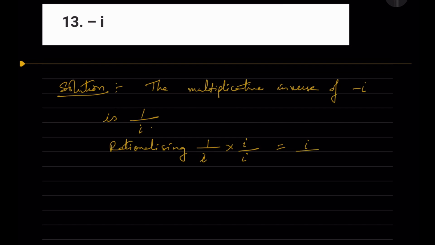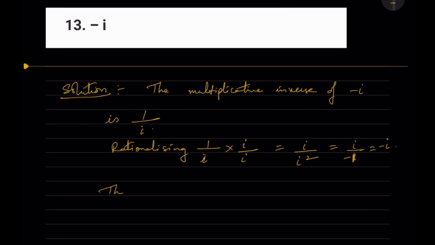So you'll get i by i square, which is equal to i by minus 1, which is equal to minus i. So this is the multiplicative inverse of minus i, which is minus i itself.